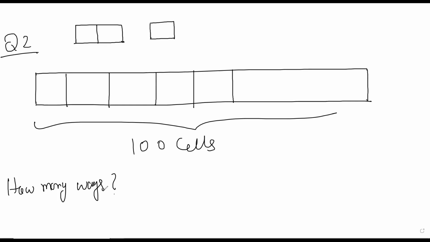No? Do you see any similarity of this question with the question that we were initially asked? You know, the number of journeys using steps of length 2 and steps of length 1.